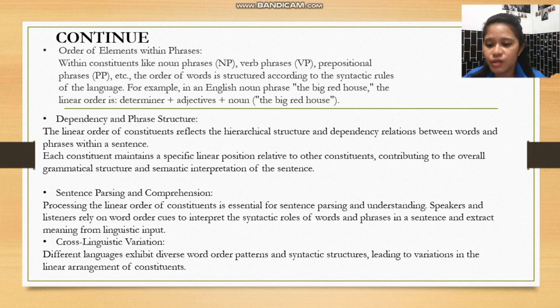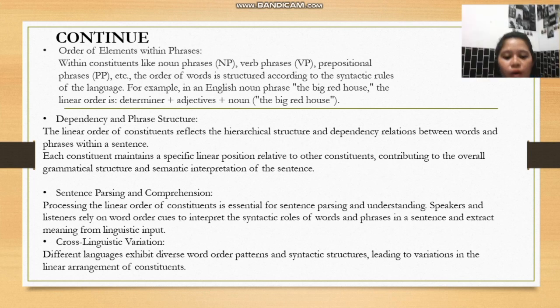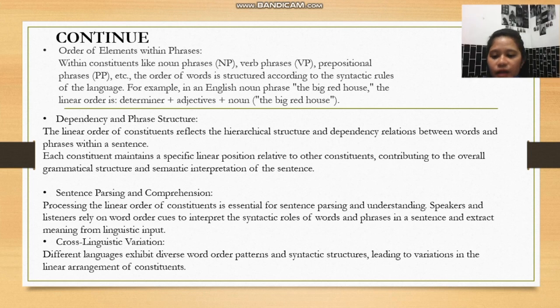Four, sentence parsing and comprehension. Processing the linear order of constituents is essential for sentence parsing and understanding. Speakers and listeners rely on word order to interpret the syntactic roles of words and phrases in a sentence and extract meaning from linguistic input.